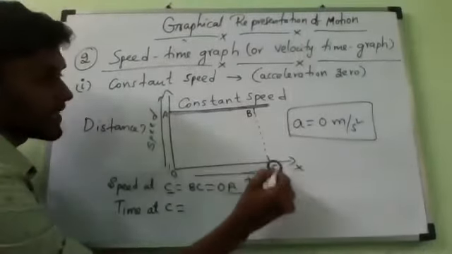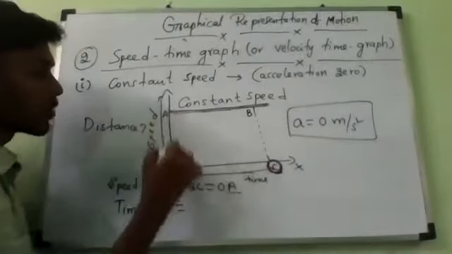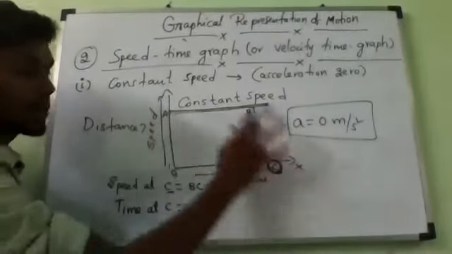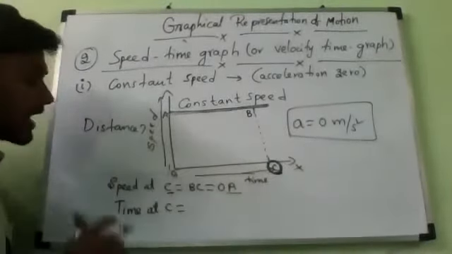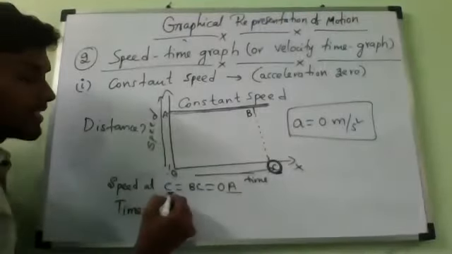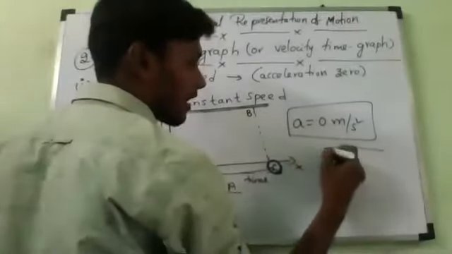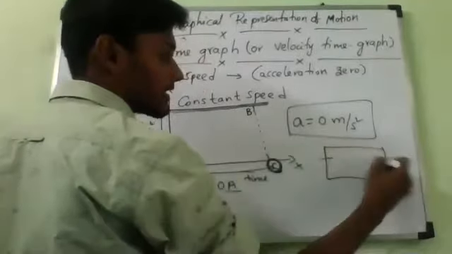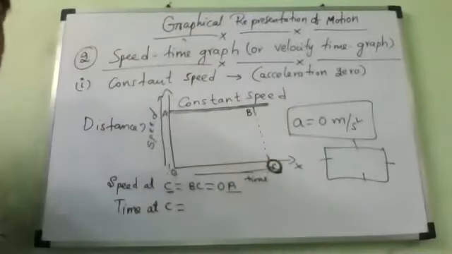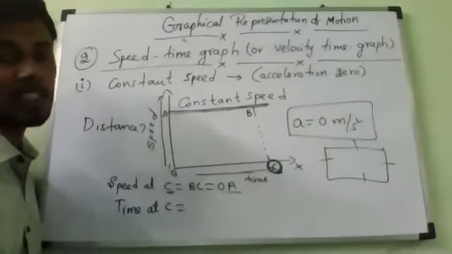Speed is equal to BC, that is, equal to OA. OA or BC, both are the same, both are parallel. So I am taking speed at C, which is equal to BC or OA, because in a rectangle, opposite sides are equal. Is it yes or no?